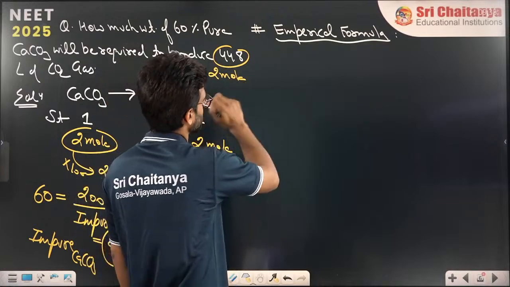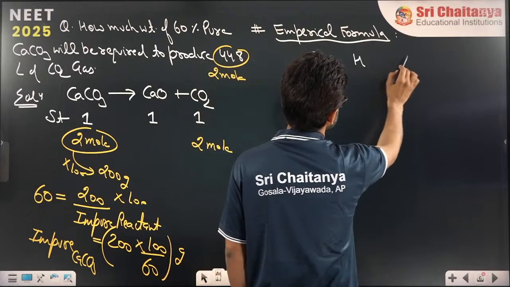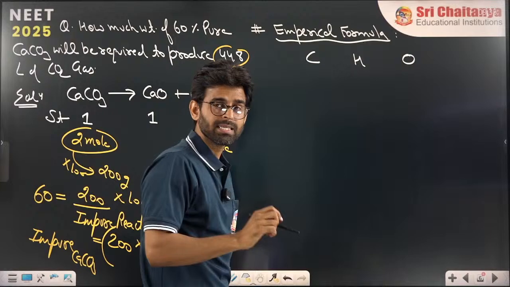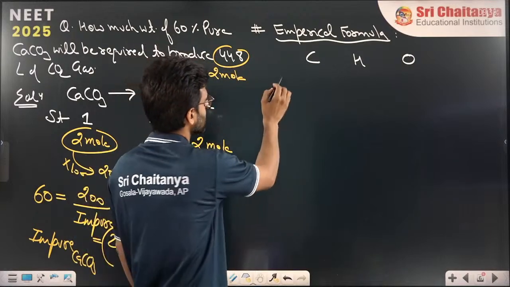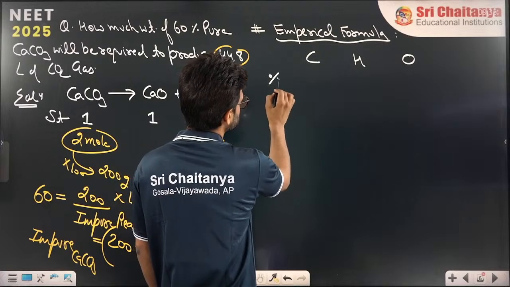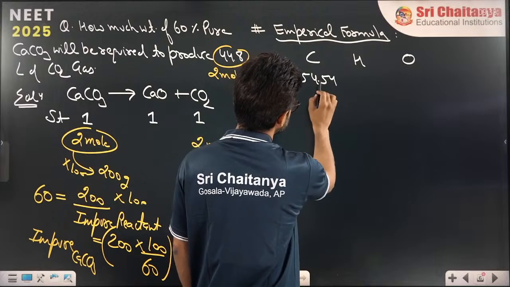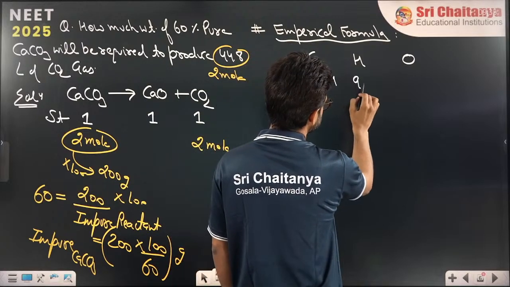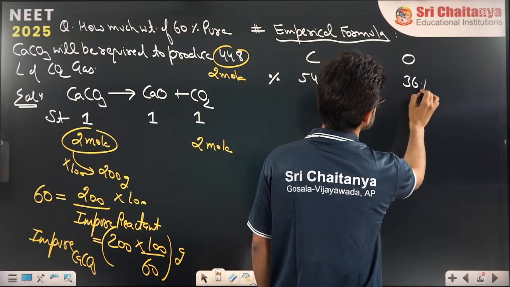I'm taking one example. Here are the elements: carbon, hydrogen, oxygen. These three elements are making a compound. They gave the mass percentage. In the compound, imagine carbon is 54.54%, hydrogen 9.09%, and oxygen 36.36 or 37 almost.